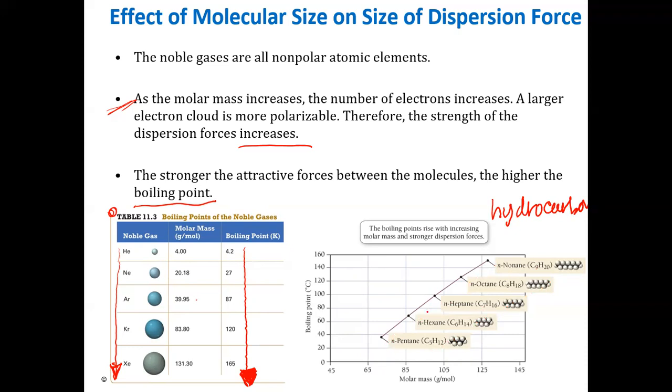And as you increase the molar mass, you're increasing your boiling point. Okay, so if you're looking at something that only has dispersion forces, and you want to know which one has a greater boiling point, then you're going to want to look at their molar masses. Okay, increased molar mass means increased boiling point.